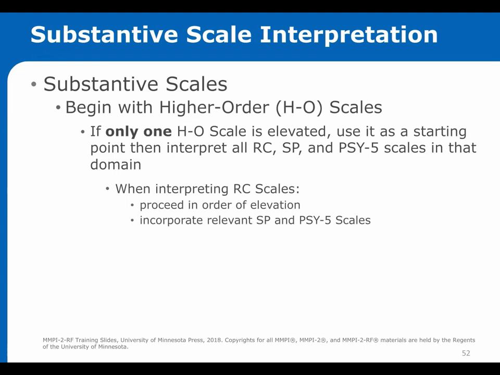And after interpreting the RC scales, you incorporate the Specific Problems scales and PSY-5 scales that serve as facets of that RC scale. This sounds like a lot of information, and it sounds very complicated, but when we see an example in a moment, this will all make more sense.